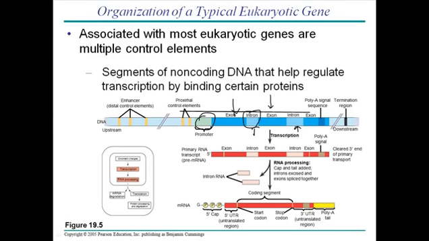One is the enhancer, and one is the distal control element, and the proximal control element. The proximal control element is placed really close to the promoter, and the distal control element is placed a little bit farther upstream from that promoter. Most of the time, those distal control elements are enhancers.